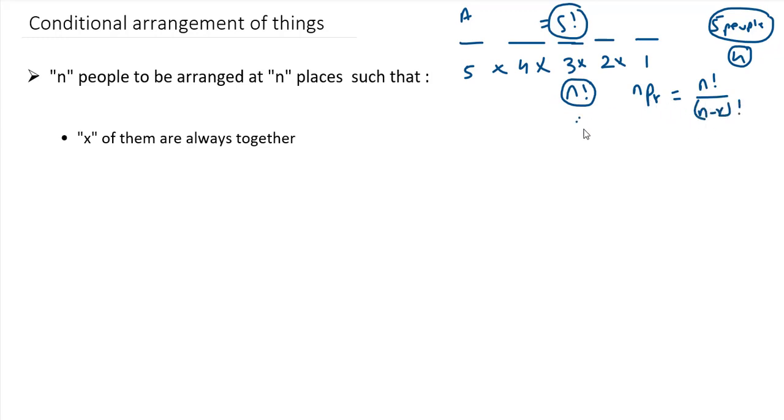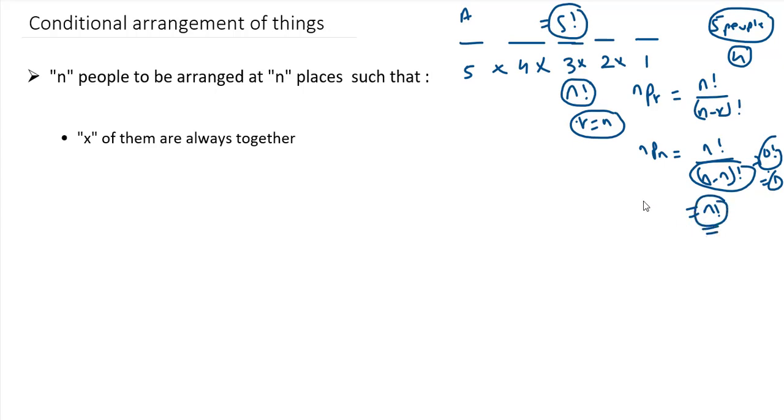So here the value of r will be equal to n, because we need to arrange n people in n places. So nPn will be equal to n factorial upon n minus n factorial, which will be 0 factorial. 0 factorial is nothing but equal to 1. So this will be equal to n factorial. So n things can be arranged in n places in n factorial ways.